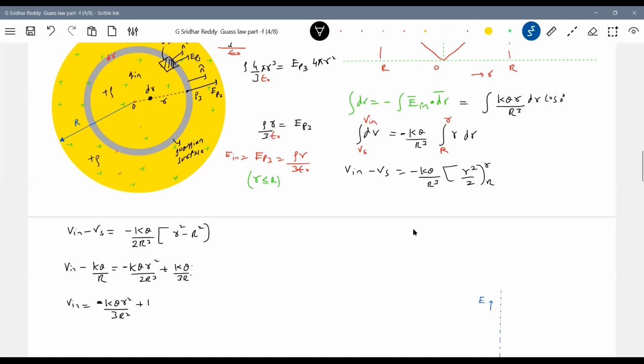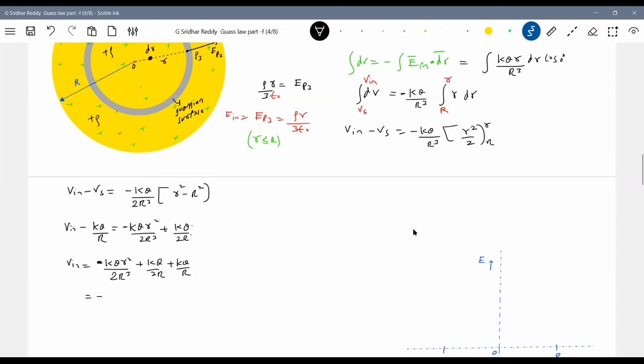So this will become plus KQ by 2R. KQ by R cube, okay, this will be 2R cube. Time being, let me write as it is. So this will become KQ by 2R plus KQ by R. This will become 3KQ by 2R.